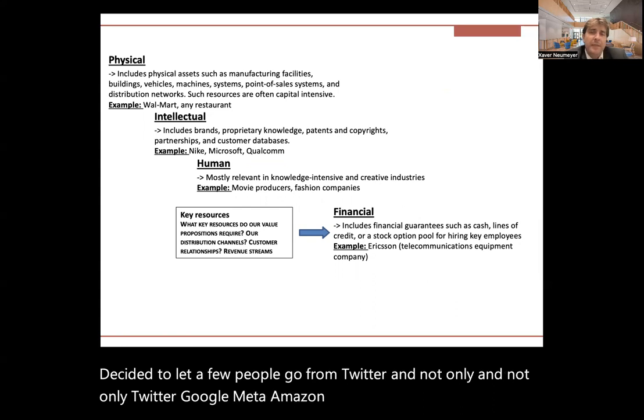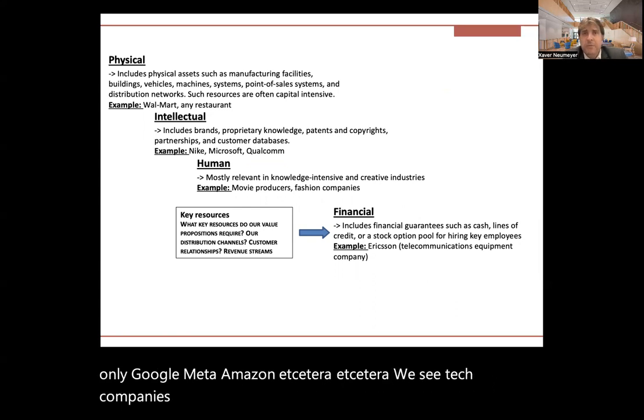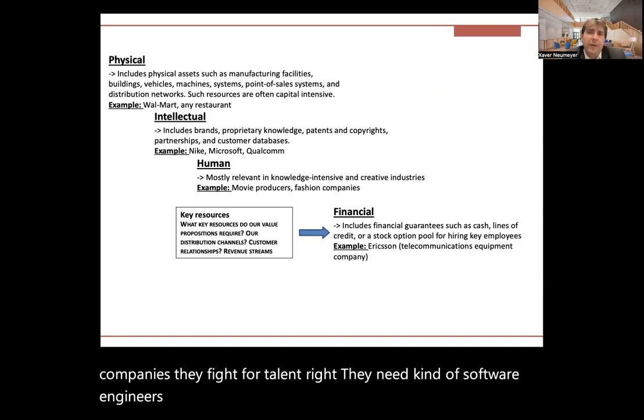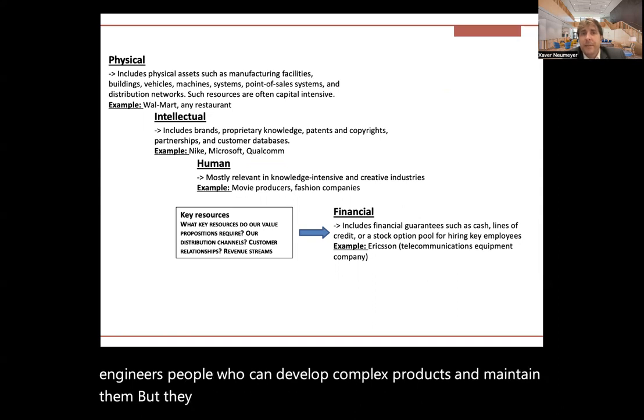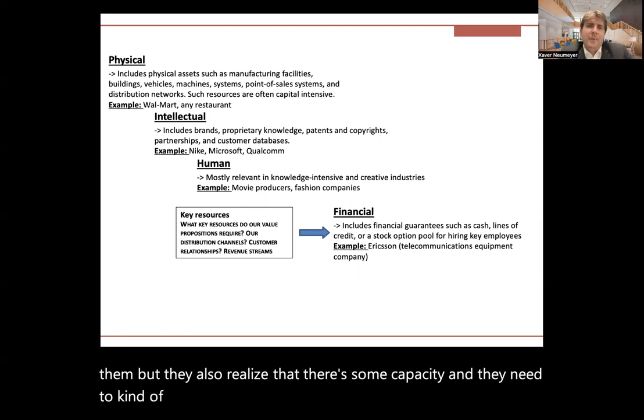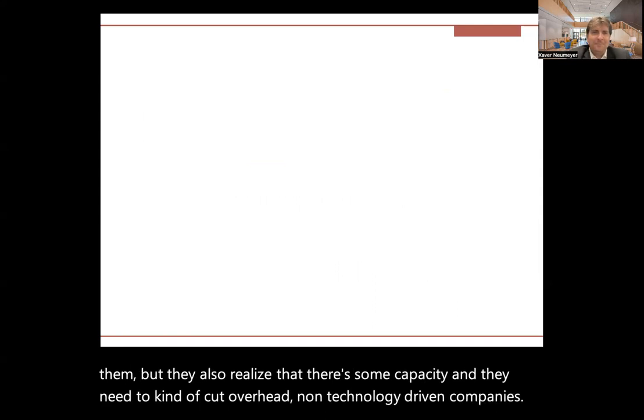We see tech companies fight for talent, right? They need software engineers, people who can develop complex products and maintain them. But they also realize that there's some excess capacity and they need to cut overhead, like other non-technology driven companies as well.